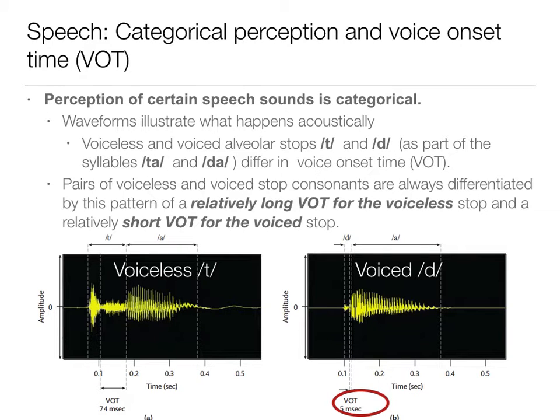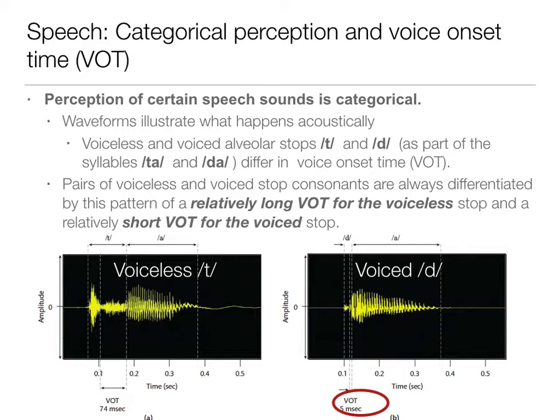We really see that the voiceless sounds have relatively long VOTs, and the voiced sounds have relatively short VOTs, such as this 5 milliseconds for the da, or the ba that we saw. So voiced are going to be these shorter VOTs, and voiceless are going to be these longer VOTs.